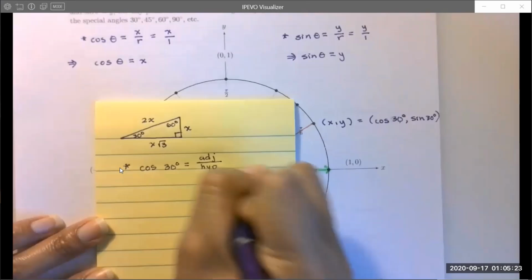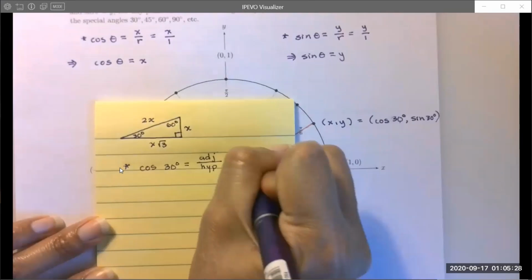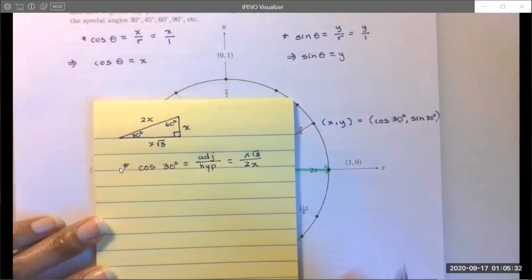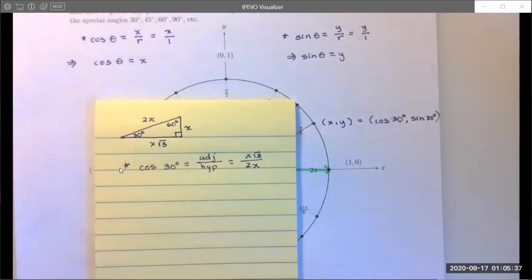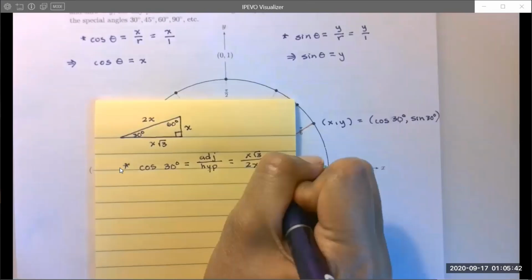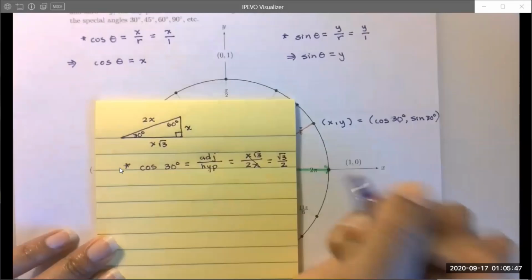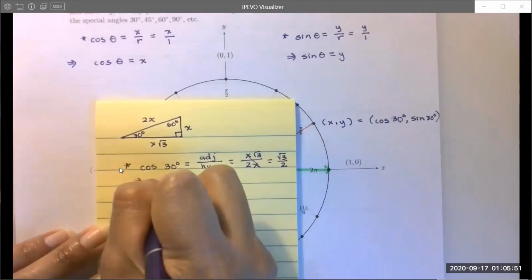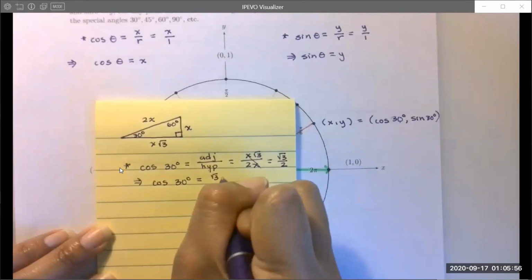The side adjacent to 30 is x radical 3 over the hypotenuse, 2x. What happens to the x's? They cancel out. We get square root of 3 over 2. So cosine of 30 for any triangle is going to be the square root of 3 over 2.